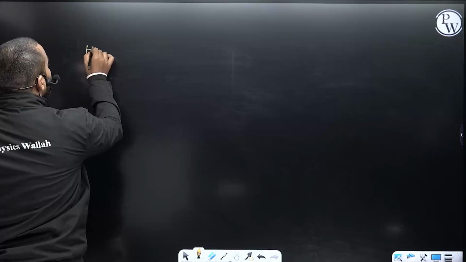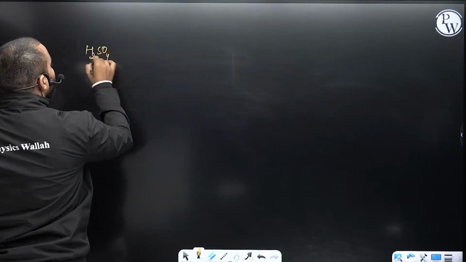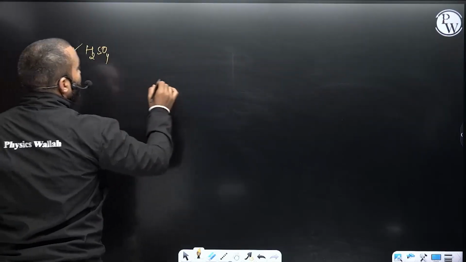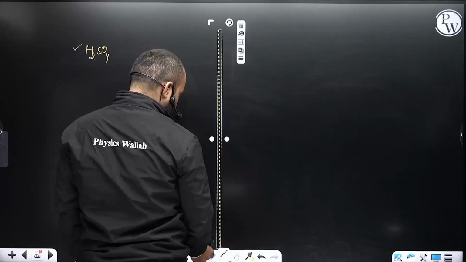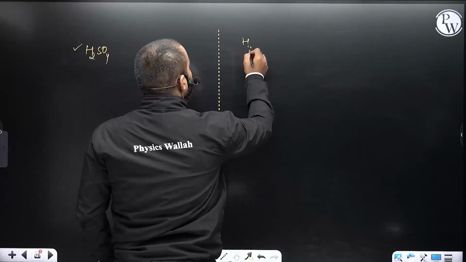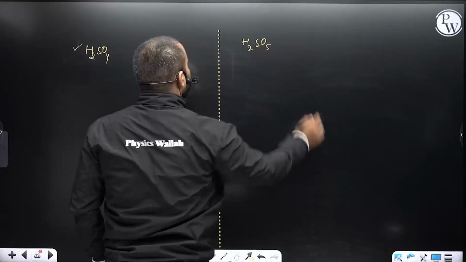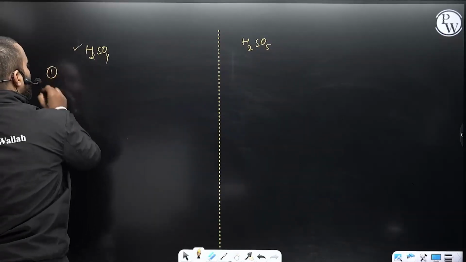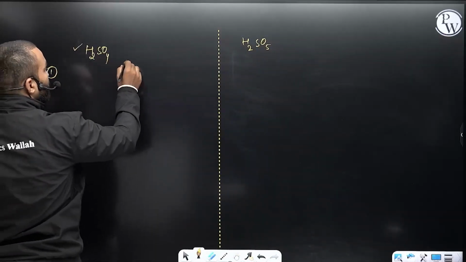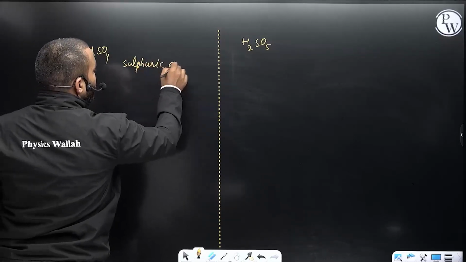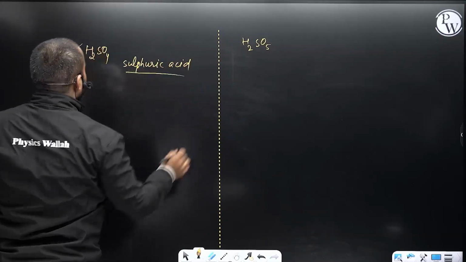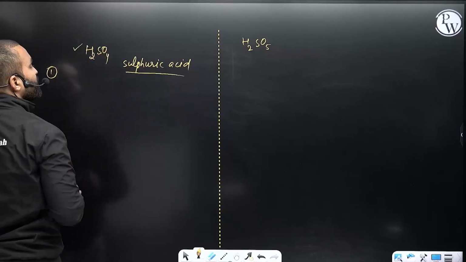I want you to practice the structure of H2SO4 and then the structure of H2SO5. I will be asking you a couple of questions from here. Structure number 1: H2SO4, the name of it is sulfuric acid. By the algebraic method, what is the oxidation state of sulfur?